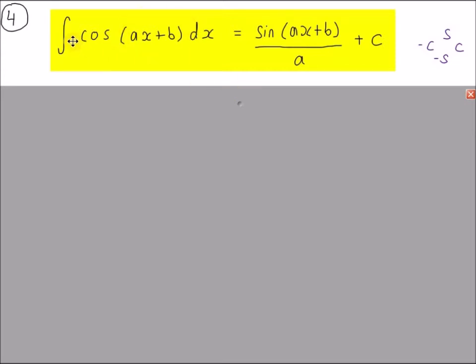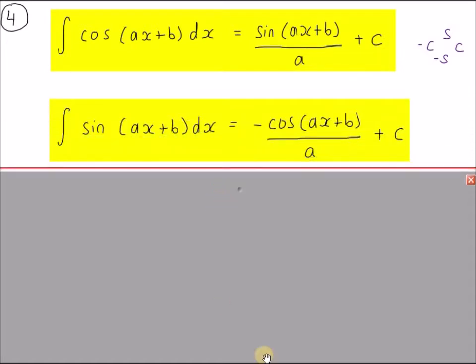So this is positive cosine, so we're here in our little diagram, and instead of going clockwise, which was for differentiation, we're going anti-clockwise. So we start from C and we end up on S, so we're going to get positive sine. Same angle, ax plus b, you divide by the coefficient of x plus a constant of integration.